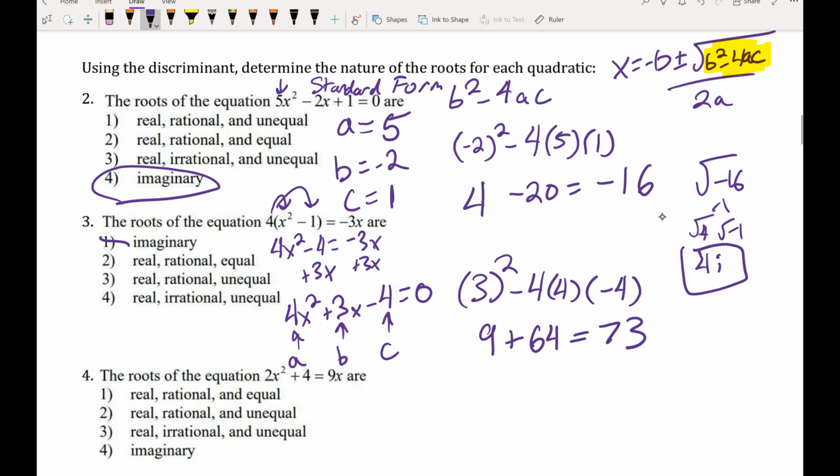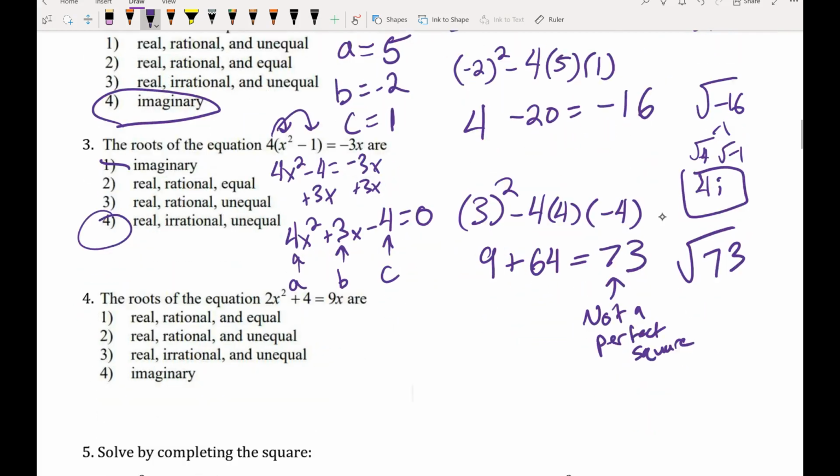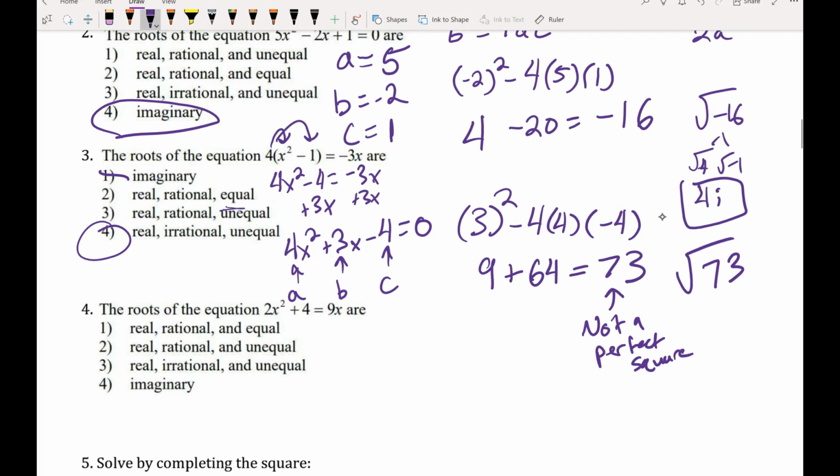But if I'm thinking about when I get 73 under a radical, 73 is not a perfect square. So I'm not going to get an integer answer. It's going to be some sort of long, non-repeating decimal that's going to be irrational. So I can say that these roots are real, irrational, and unequal. Remember, the only case where we do get equal roots is when our discriminant is equal to 0.